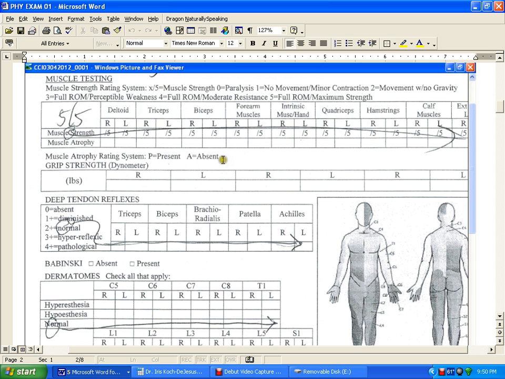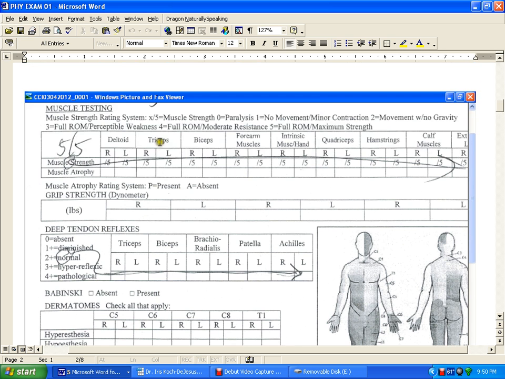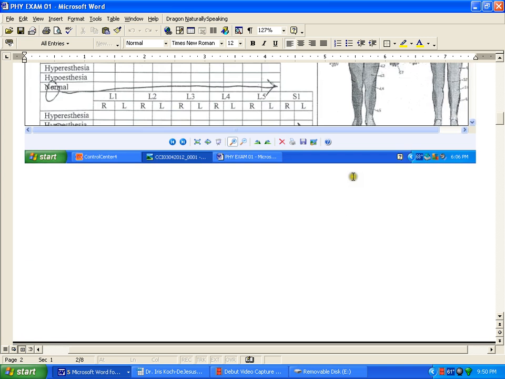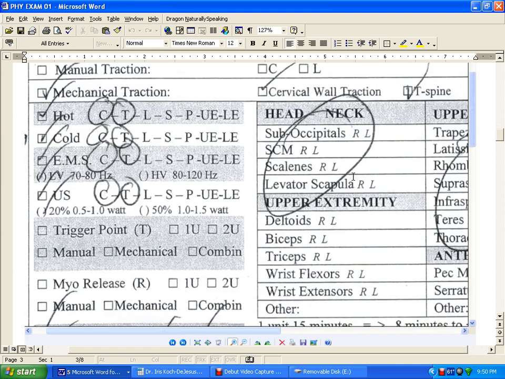Okay, and then we have the muscle testing, and we're just going to leave that, and then at the end you will put in the upper extremities. Okay, let's go to another page.